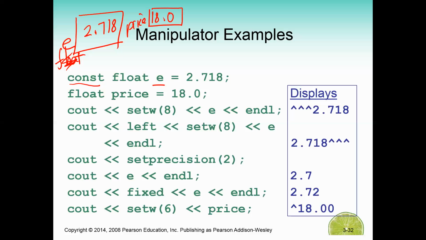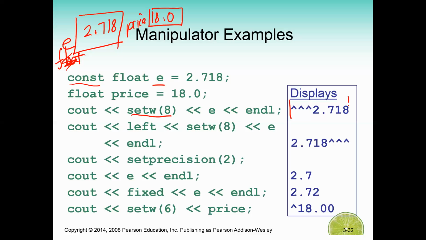And then we have cout. Look at where the set W is going to be, where the fixed is going to be. They will always be manipulated with the cout. So here I'm saying set W to 8. That means we're setting up a column of 8 characters.